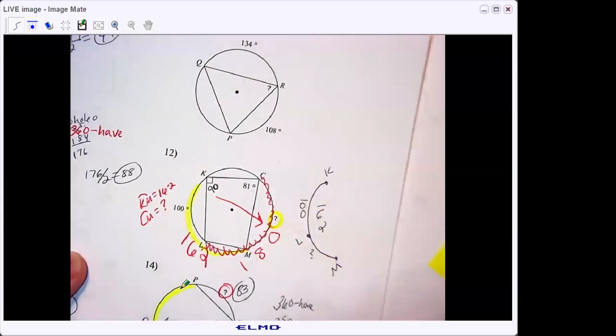So how big is arc LM? Good. Thank you, Ram. Shanna. Good. Sometimes it helps to separate what you're looking at, especially when there's a lot of information and steps going on. Okay, good.